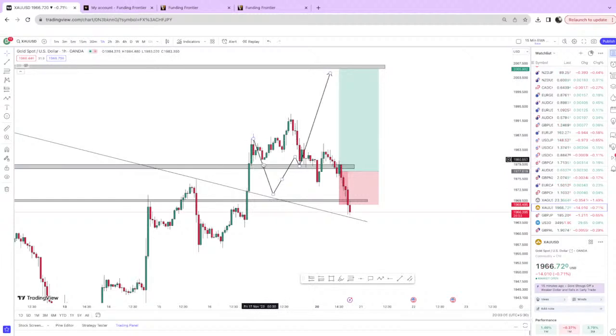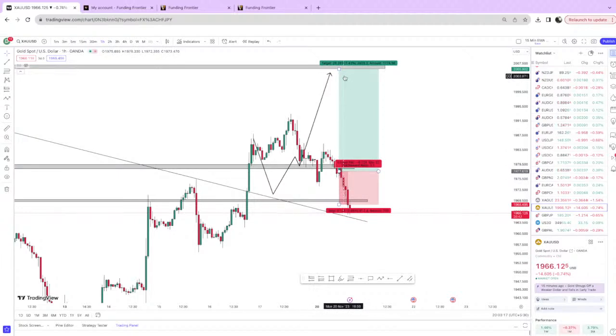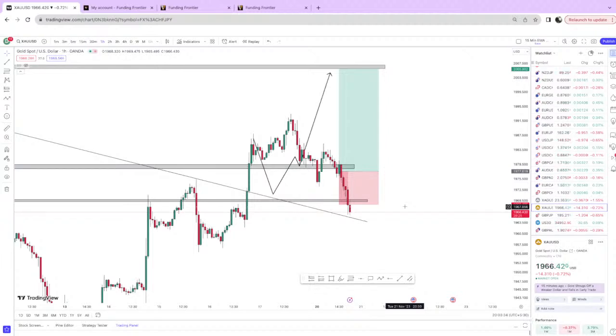I predicted that it'll come to this and then, but I took an early entry here, thinking that it's a retest, bounce, and we'll make a good trade. So good traders also make mistakes, but what makes the difference between a good and a bad trader is how much you lose when you make a mistake and how much you win when you are right.